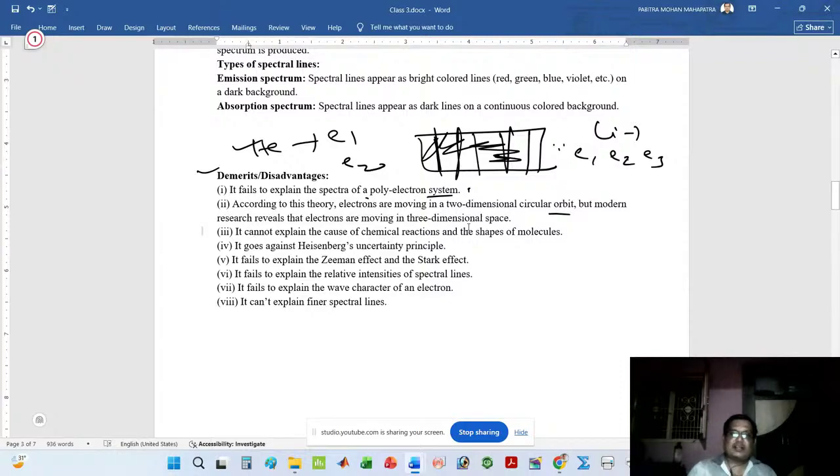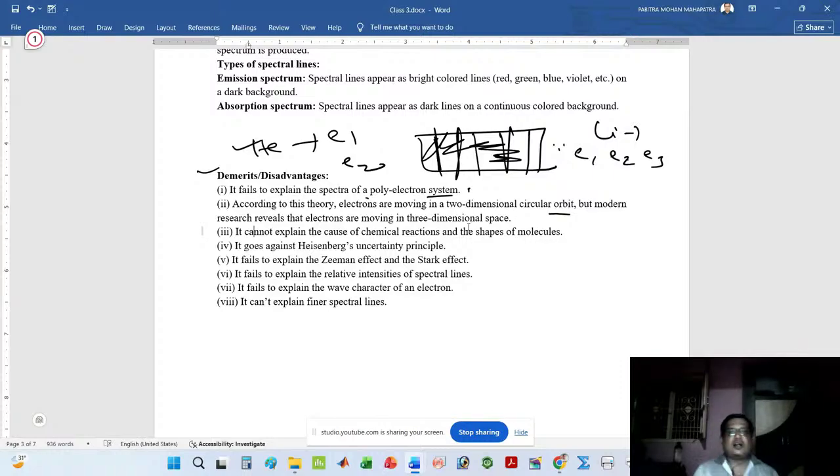It cannot explain the cause of chemical reactions and the shape of molecules. But the upcoming atomic models and concepts clearly explain the cause of chemical reactions and the shape of molecules. So it is one type of failure of the Bohr static model, because it does not give any idea of the cause of chemical reactions, and it does not give any concept regarding the shape of molecules.